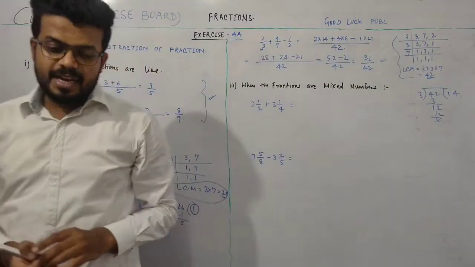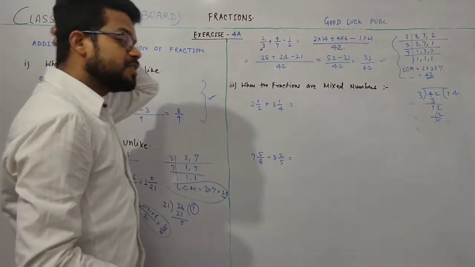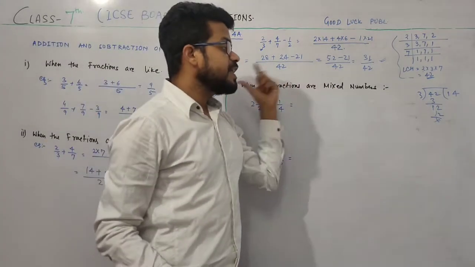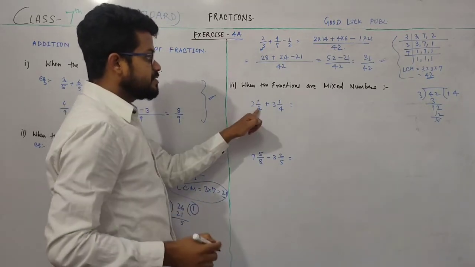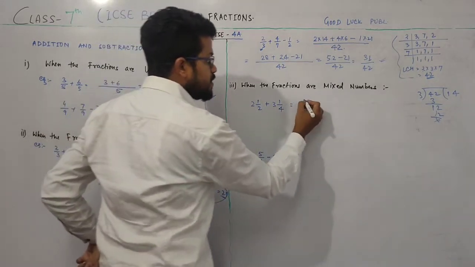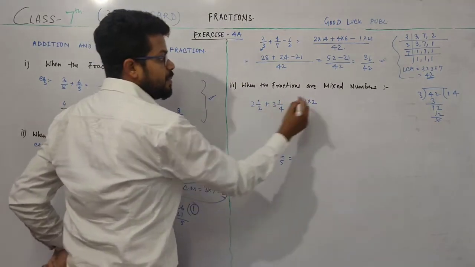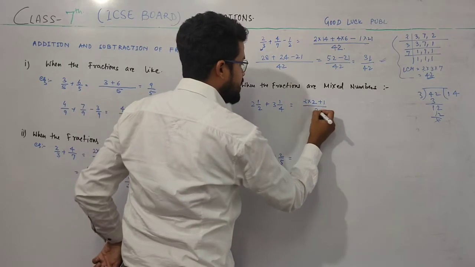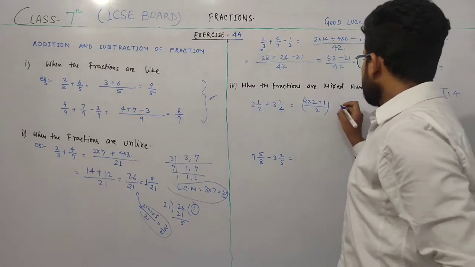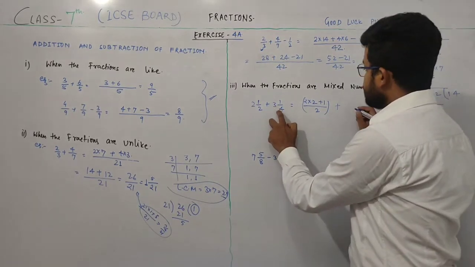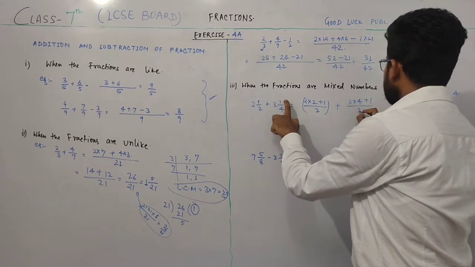Okay, now the next case is when the fractions are mixed fractions. Whenever you get mixed fractions to add and subtract, you simply convert them into improper fractions. Firstly I convert this 2 and 1 by 2: 2 into 2 plus 1 divided by 2, plus 3 into 4 plus 1 divided by 4.